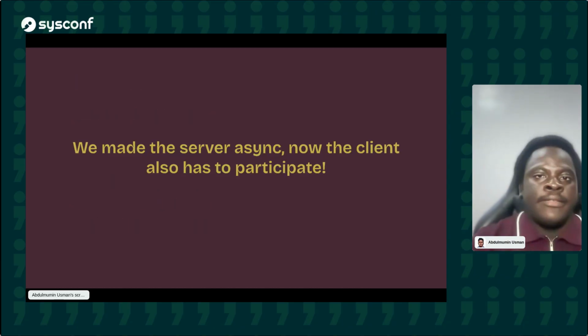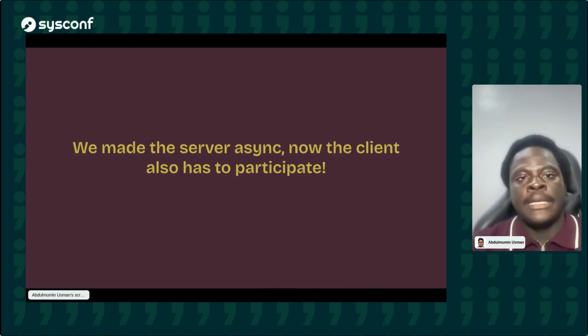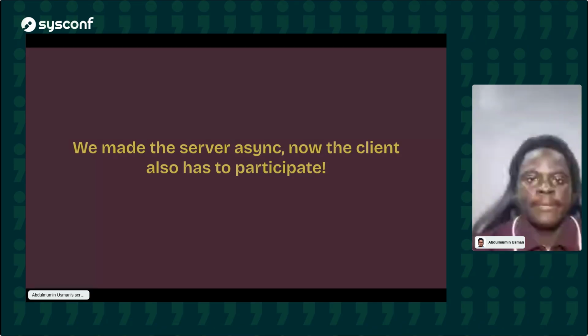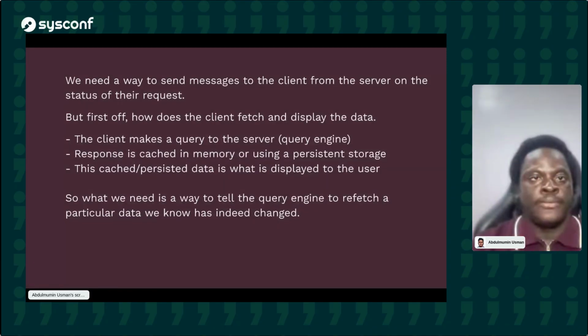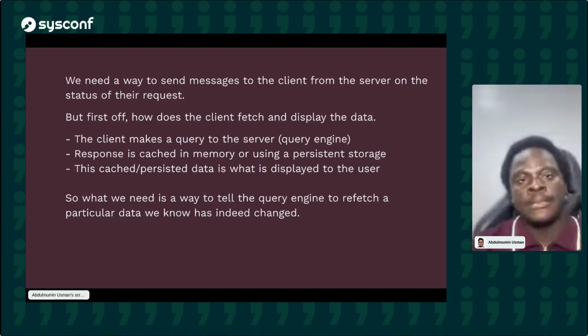So we made the server async. It's now time for the client to also participate in this entire structure. Going back to our solution for having things async, we mentioned that we needed a way to pass messages.